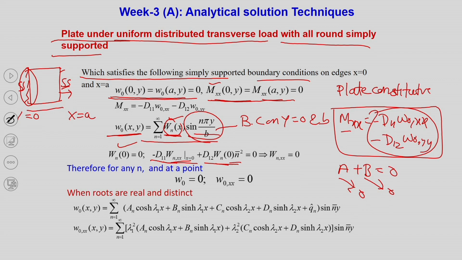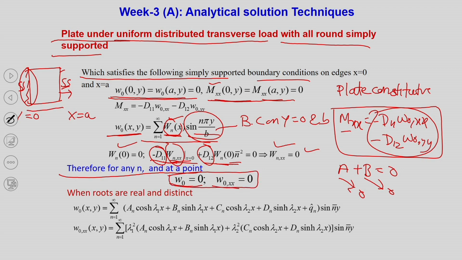So from this equation it implies that, because D11 is a constant and D12 is a constant, this cannot be 0, so Wn comma xx has to be 0. Now our boundary conditions are W naught has to be 0 and W naught comma xx has to be 0.